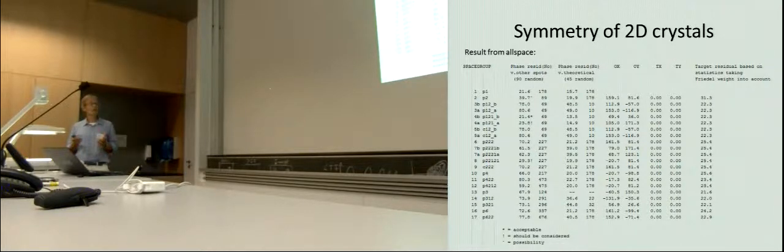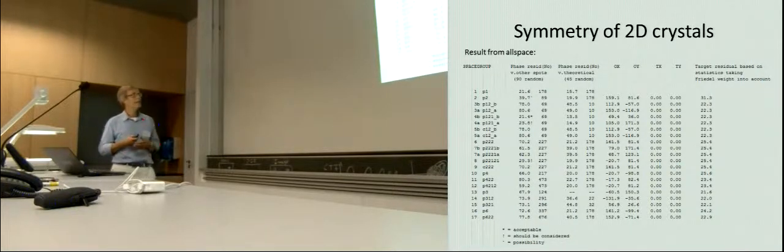And generally, I think the philosophy should be to choose the highest symmetry. So in this case, definitely choose this one. And if you believe that your crystal maybe is a bit more asymmetric, so that you don't have this, you have one of these, you have to have very good data to prove that is really the case.